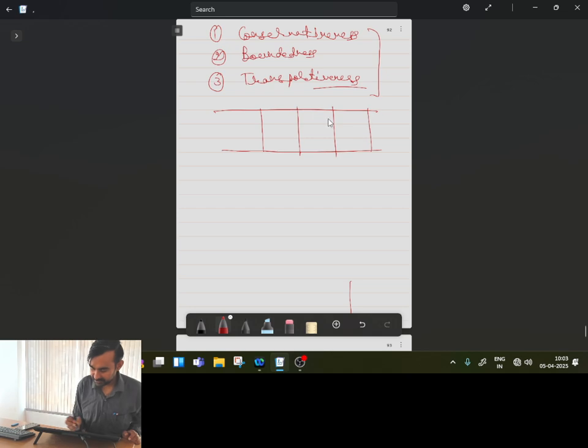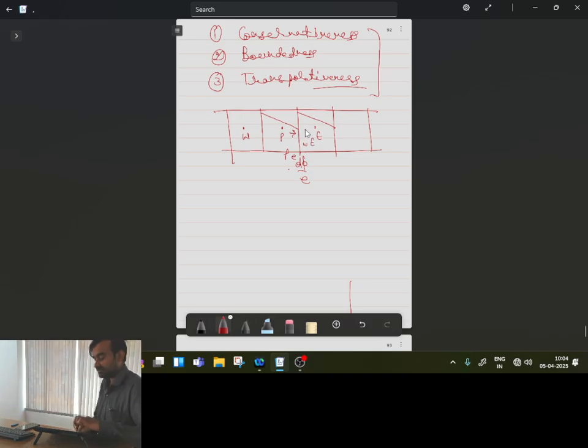If this is my point P, this is E, this is W, then I could have taken an interpolation function something like this. But if I take this type of interpolation function, then d phi by dx for the east face of P will be different from that for the west face of E. So if this type of difference is there in the outgoing flux from the cell P and the incoming flux to the cell E, then my scheme will not be conservative.